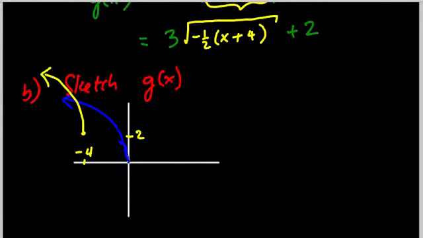Then I'm going to erase the old blue and connect that back. And there we go. So this point here is -4, 2, and that's your starting point. Now you've already sketched g of x.